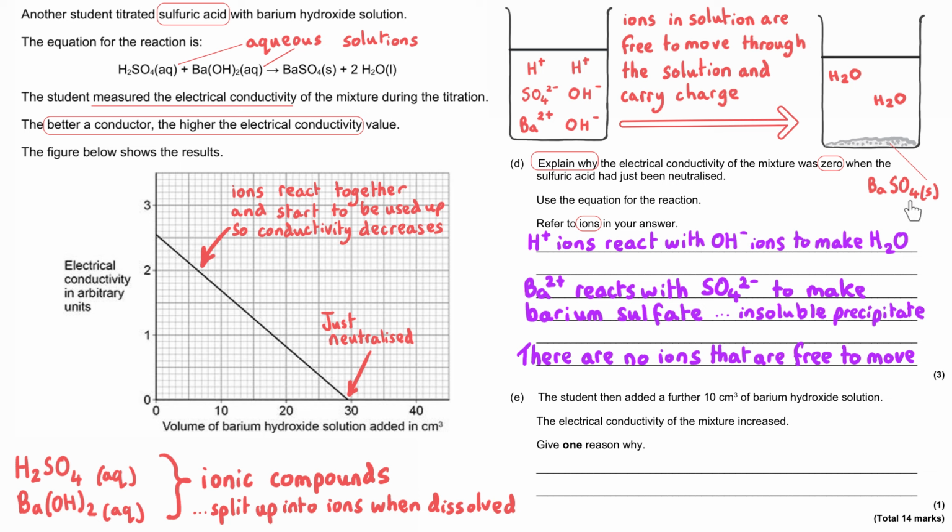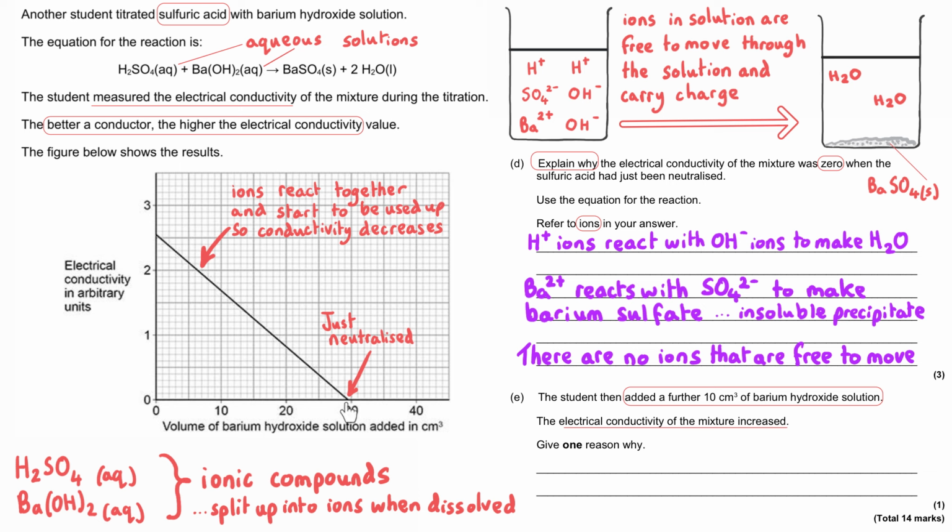solid BaSO4 white precipitate. And then the final part of this question says that the student added a further 10 cm cubed of barium hydroxide solution, and the electrical conductivity of the mixture increased again. Give one reason why.